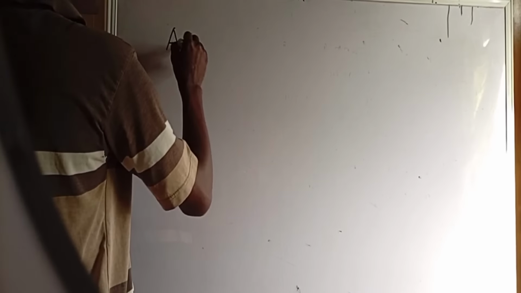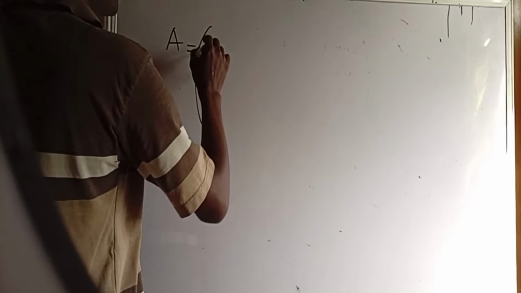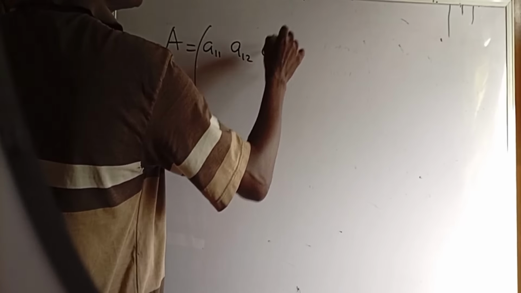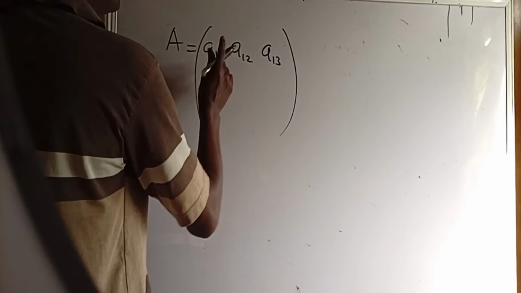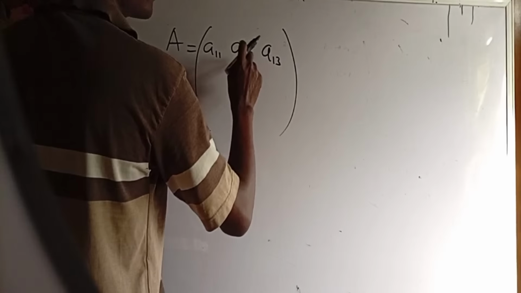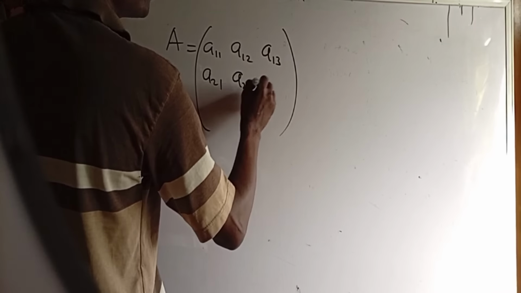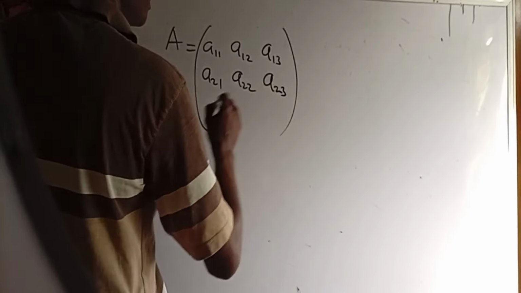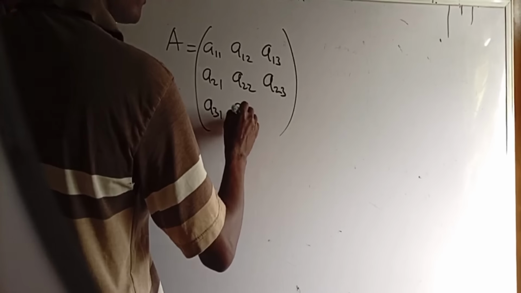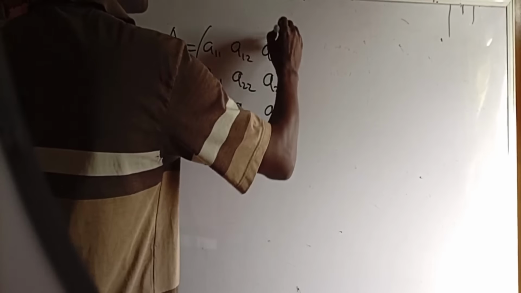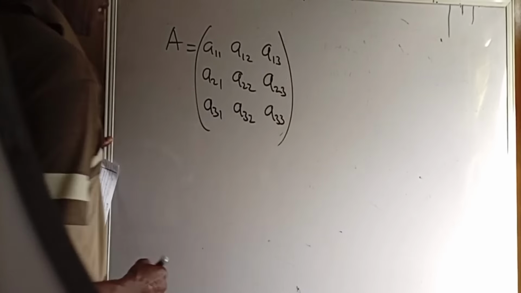This is a matrix A, and it has entries A11, A12, A13, the first row first column, first row second column, first row third column, then A21, A22, A23, A31, A32, A33. I hope these are the entries in this matrix A.